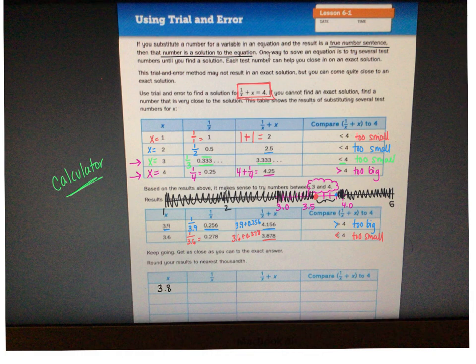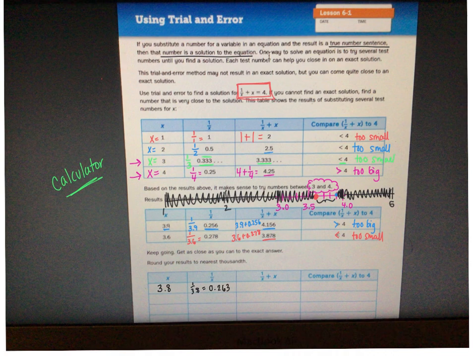So go ahead and fill that in on your page. When I take 3 and 8/10 and I put it over 1, so that means 1 divided by 3 and 8/10, I get an answer of 0 and 263 thousandths.